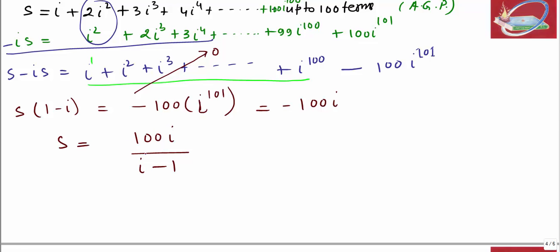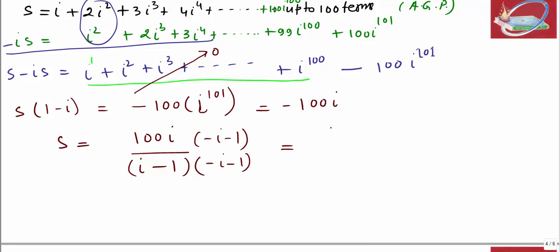I have removed the minus sign by interchanging the sign of this. So to get the value of s, we can multiply it by minus iota minus 1, minus iota minus 1.